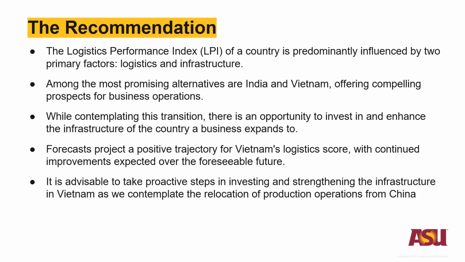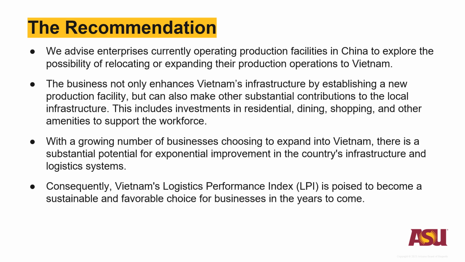Like we showed in the previous slides, Vietnam's logistics score shows positive trajectory with continued improvement in the future. So, we highly recommend enterprises currently operating production facilities in China to take proactive steps in investing and strengthening the infrastructures in Vietnam as we contemplate the relocation of production operations from China, because Vietnam's LPI is poised to become a sustainable and favorable choice for business in the years to come.